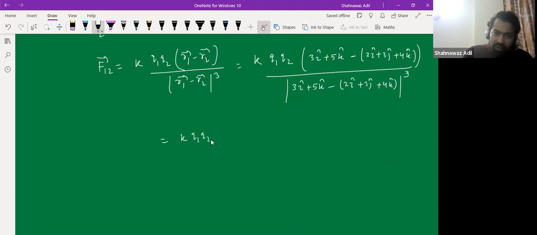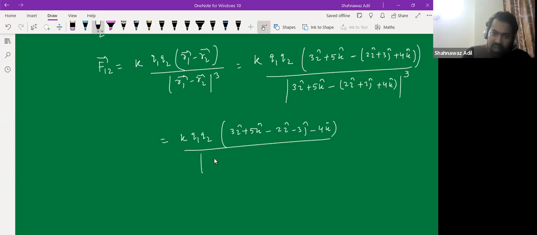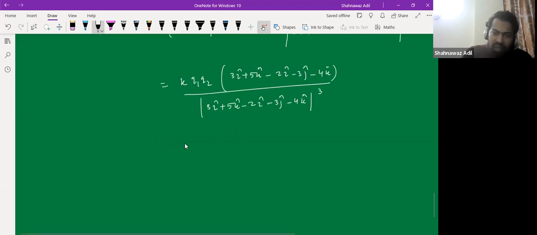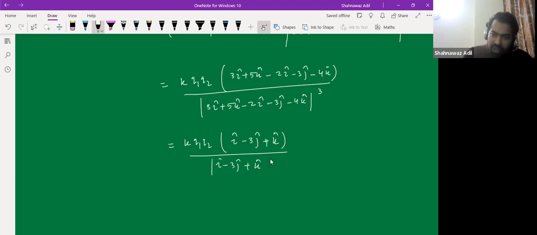So k q1 q2 times 3i plus 5k minus 2i minus 3j minus 4k, divided by its magnitude cubed. Then 3i minus 2i is i, minus 3j hat and plus k hat, divided by the magnitude of i minus 3j plus k hat, cubed.